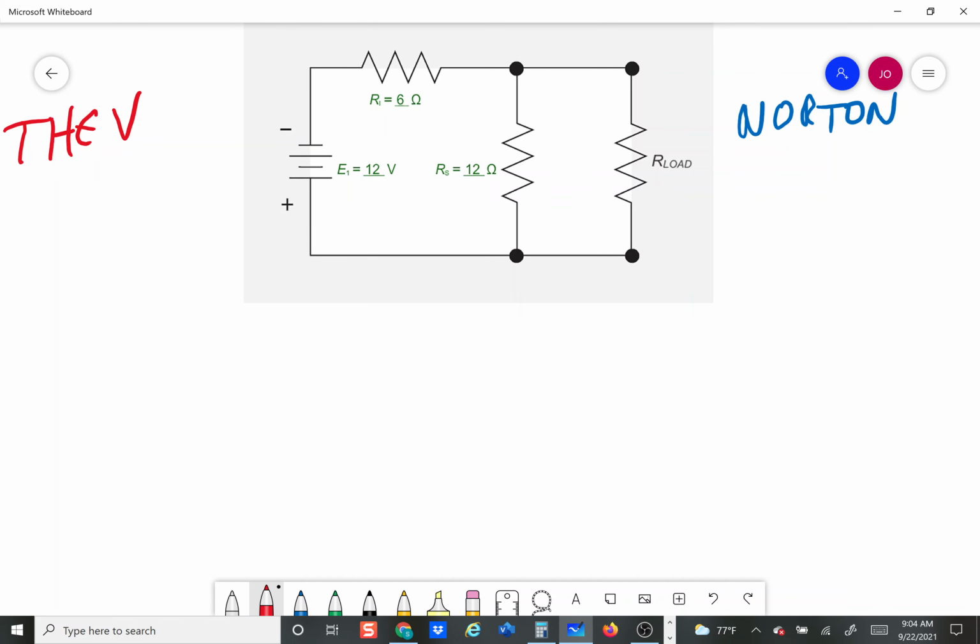How to get the Thevenin resistance and the Thevenin voltage is a little bit trickier, but we are looking for a Thevenin voltage and a Thevenin resistance. And on the Norton side, we are looking for a Norton current and a Norton resistance.